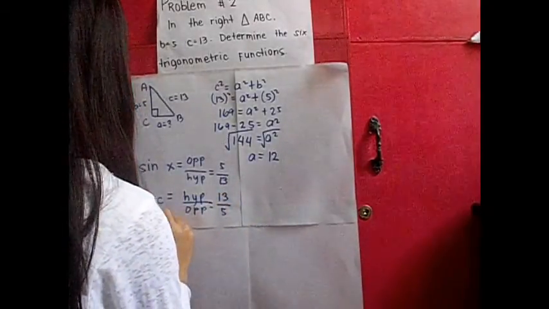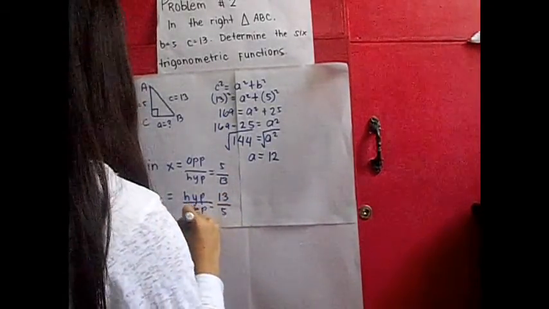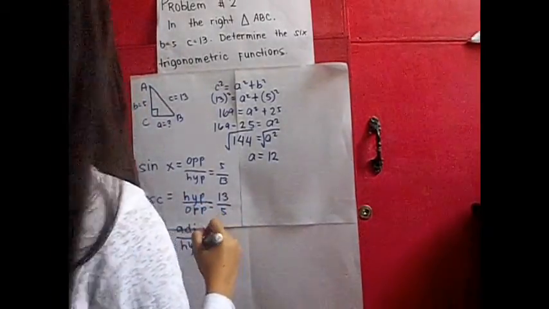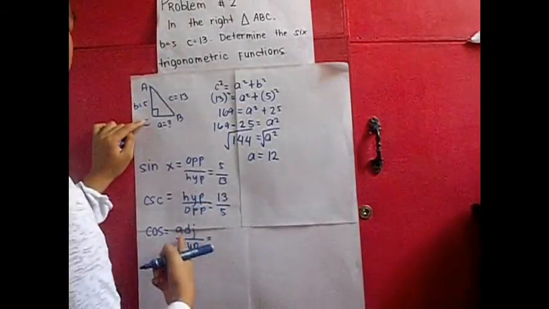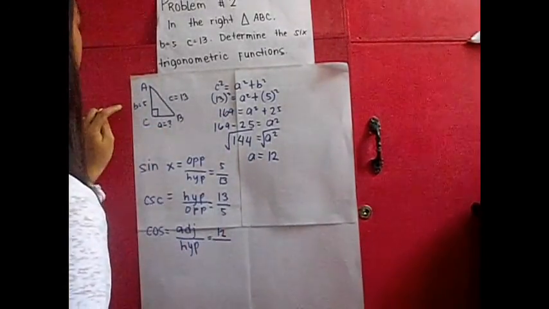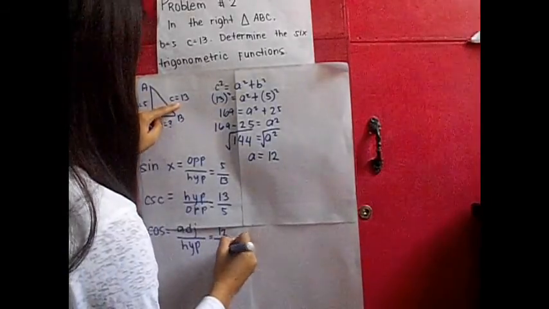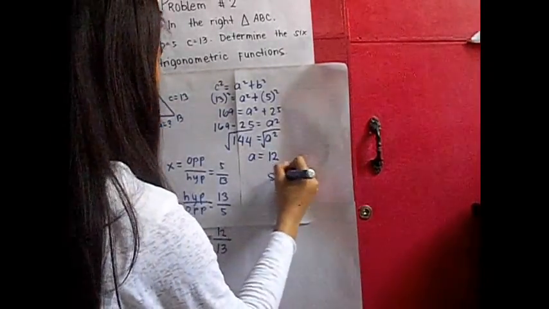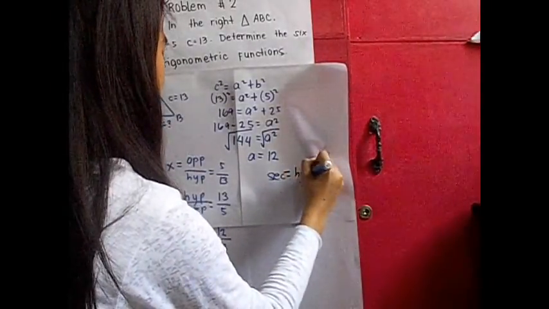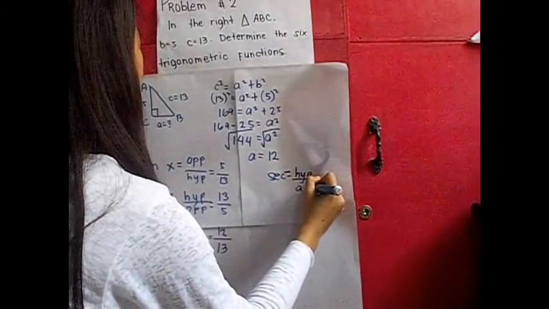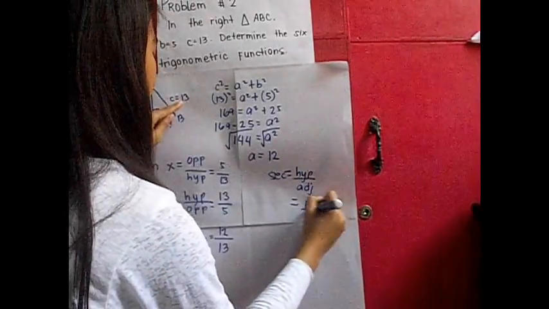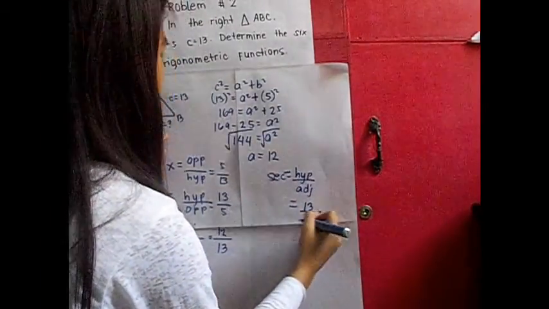The cosine is equal to adjacent over hypotenuse. The adjacent is equal to 12 and the hypotenuse is equal to 13. The secant is equal to hypotenuse over adjacent. The hypotenuse is equal to 13 and the adjacent is equal to 12.